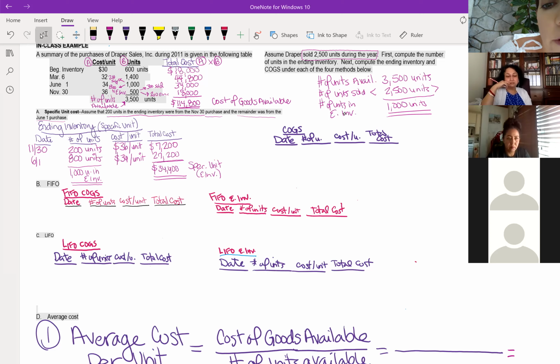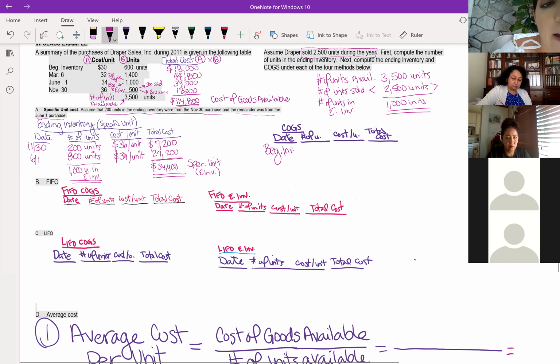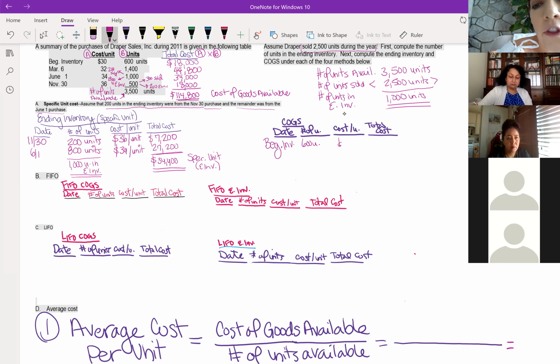It doesn't matter the order that you go in, but I'm just going to go with the ones that weren't affected first. So beginning inventory, they had 600 units in beginning inventory at a cost of $30 per unit. That entire layer was assumed sold because it's not sitting in ending inventory.